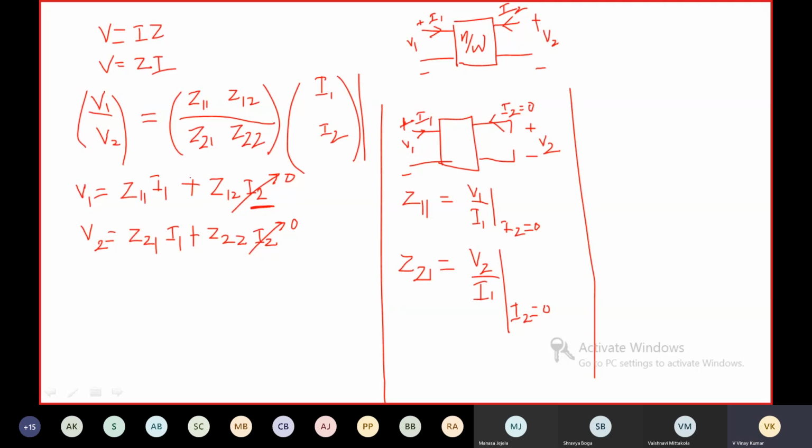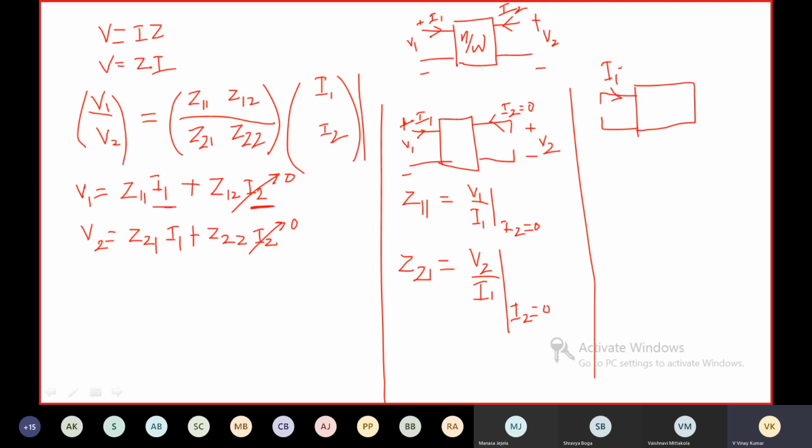Now let us find Z12 and Z22. If I make I1 zero, then you can find Z12 and Z22, by open circuiting port 1.